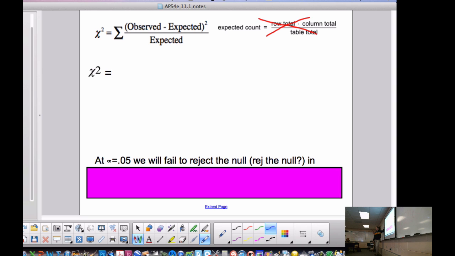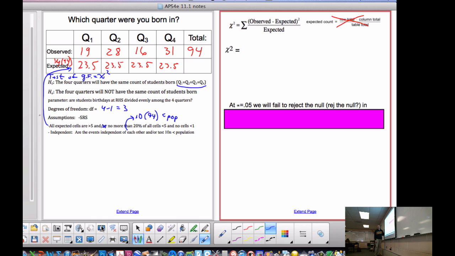Now we've got to do the equation. Chi-squared is equal to the summation of the observed minus the expected, squared, over the expected. So let's go back. Let me double this up so you can see it real quick. What was my first observed data? Q1, but it's 19, right? What was the expected for quarter 1? 23.5.